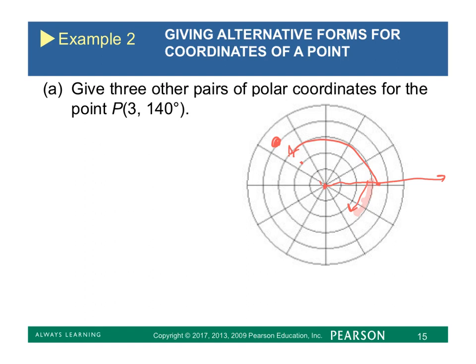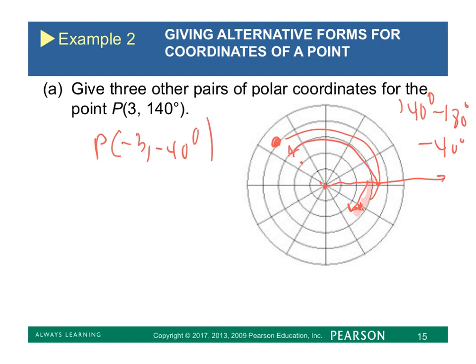Let's see. 140, take away 180 degrees to get me this way here would be a negative 40 degrees. Now, I don't want the point down here. I want the point to be reversed. So that would be another P would be identical, would be a negative 3, negative 40 degrees. Okay, that's fine.